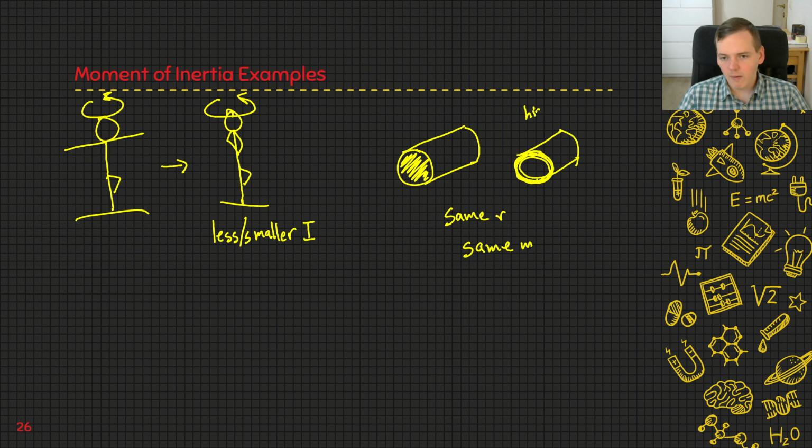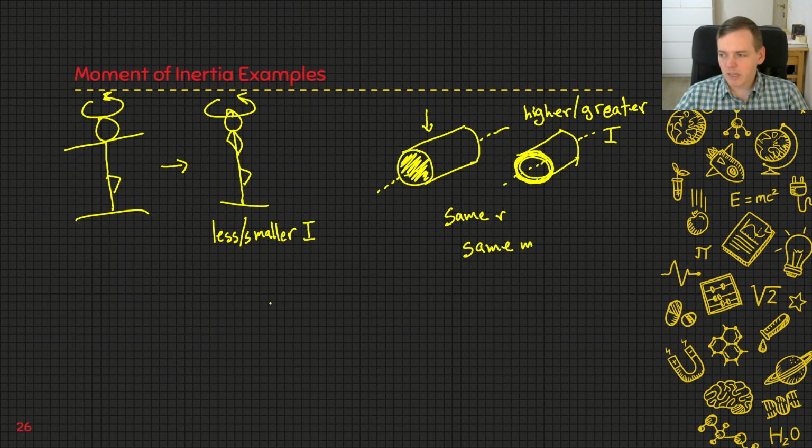This one, the hollow one, has a higher, greater moment of inertia, because all that mass is really far from the axis of rotation that goes through the middle. So like if these were rolling, it'd be easier to get the solid one rolling than it would be to get the other one rolling. Because in the solid one, some of that mass is spread out towards the center, whereas in the hollow one, all the mass is pushed really far away from this axis of rotation.